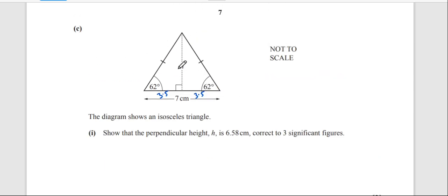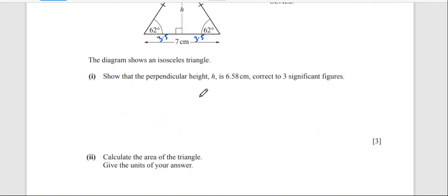We have h as the opposite and 3.5 as the adjacent. Therefore, tan 62 is equal to opposite, which is h over 3.5. Therefore, h is equal to 3.5 times tan 62. When you solve that, you're going to have 6.58 cm.